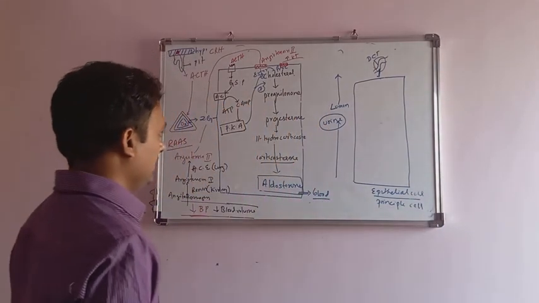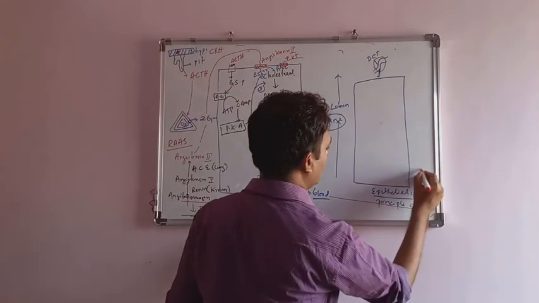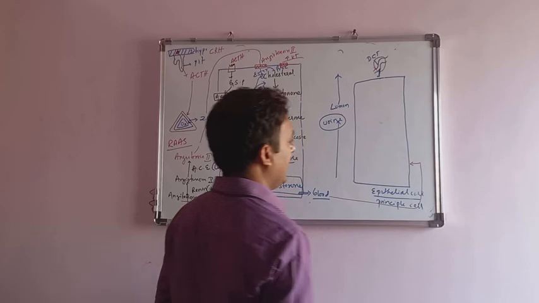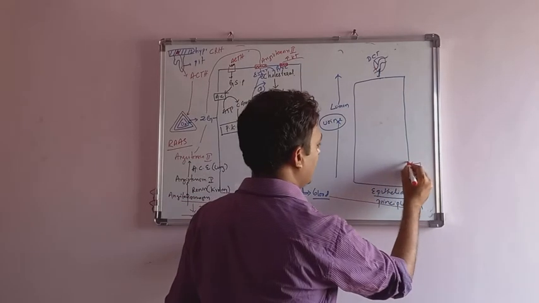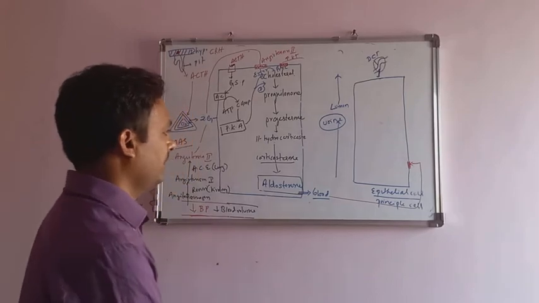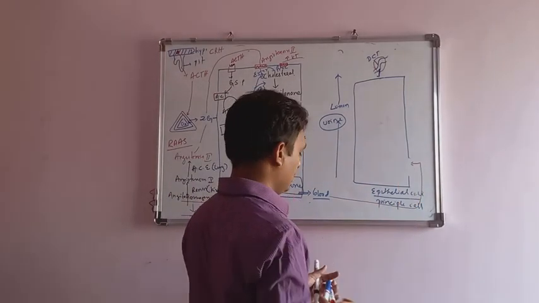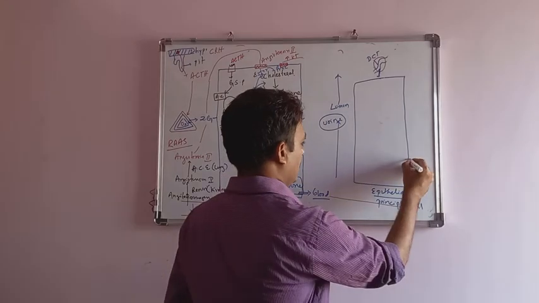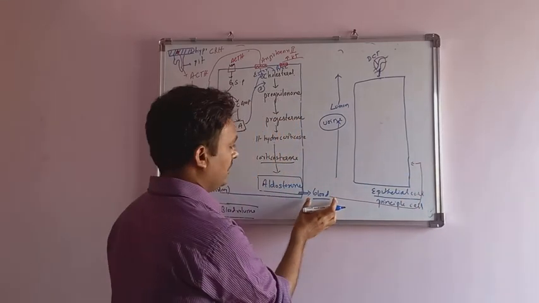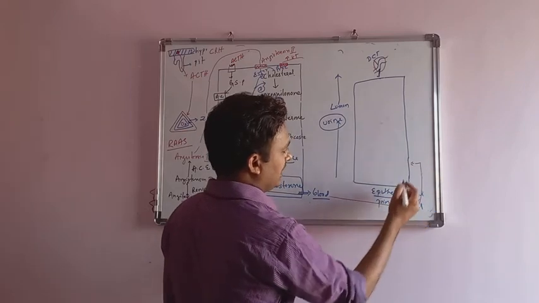Right. See, when the aldosterone comes through the blood and acts on the receptor present here, aldosterone from the blood comes to the principal cell, the epithelial cell.